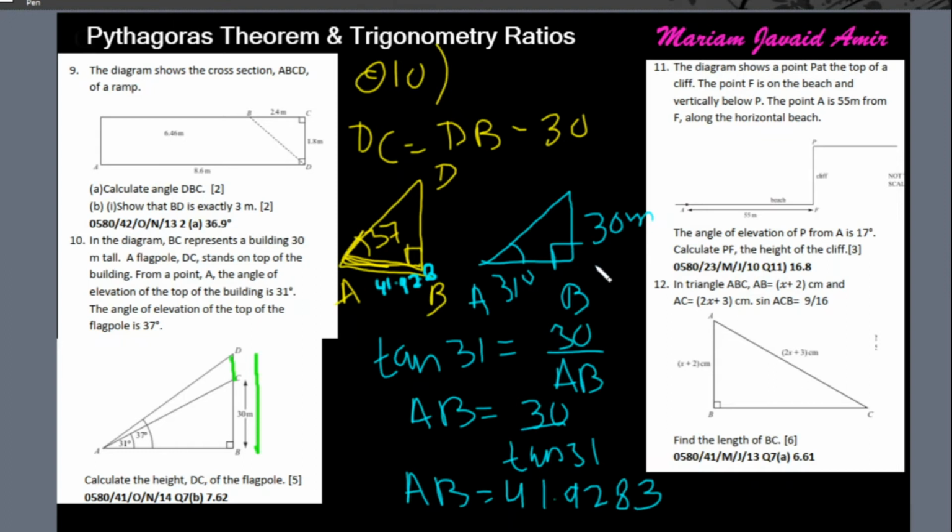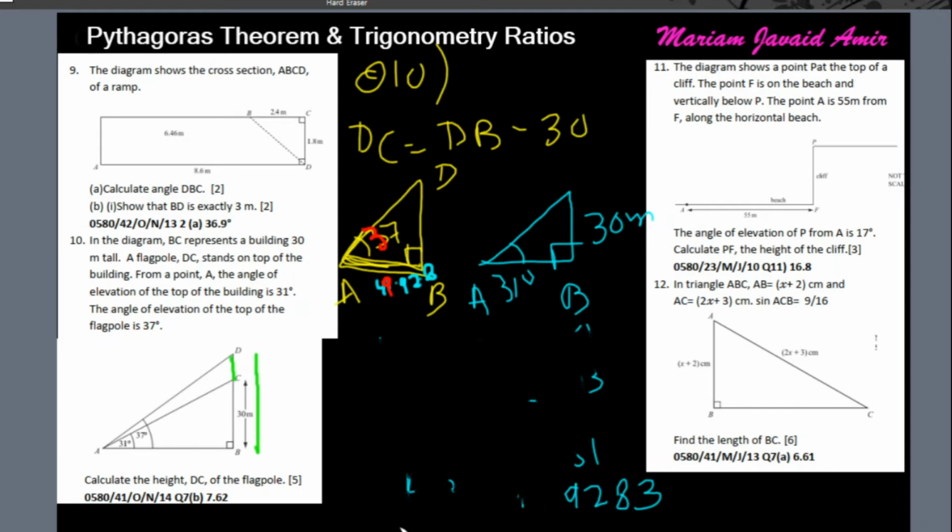So AB should be 30 over tan 31, which gives 49.9. So now this is 49.9 and this is 37. It looks like 57. Alright, now I'll rub the rest and use this space to find DB.